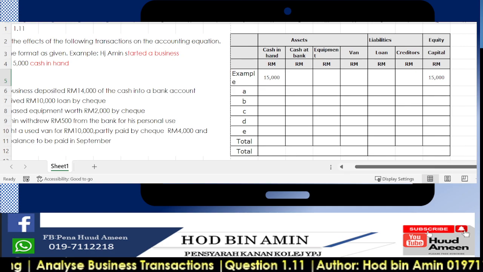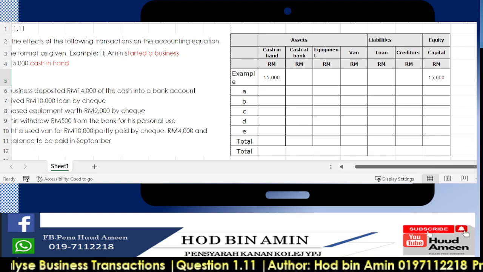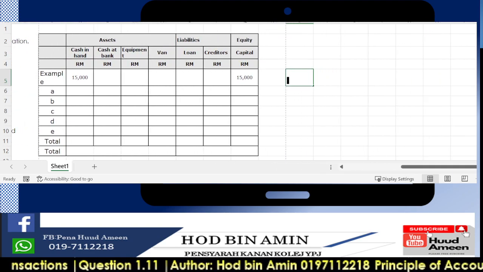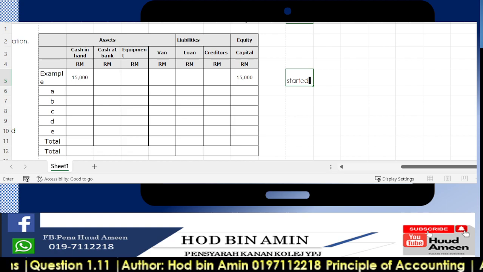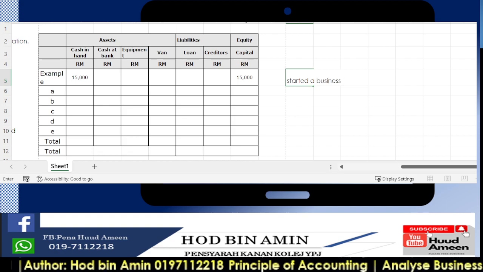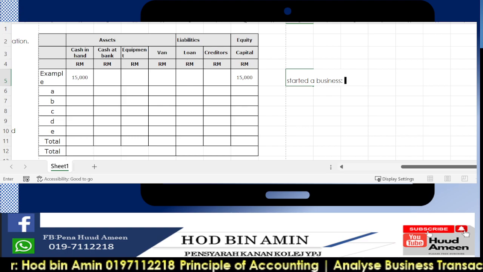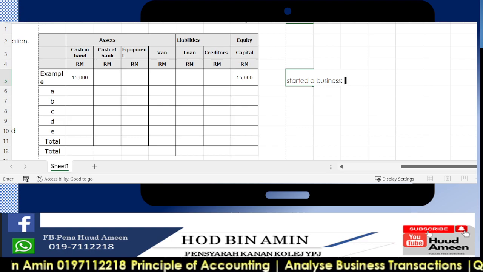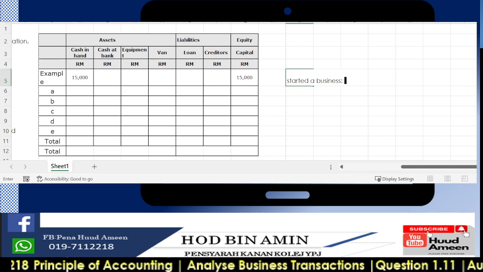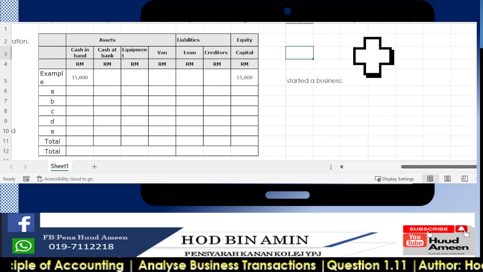So started a business, you have to identify the elements of accounts. So we have elements of accounts.